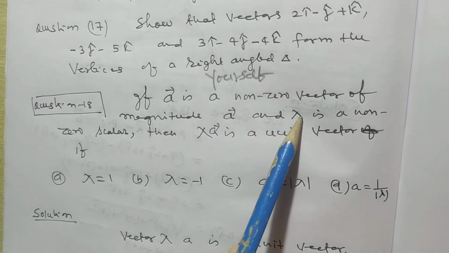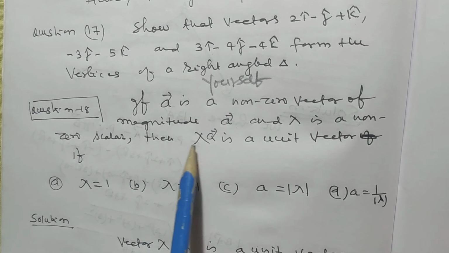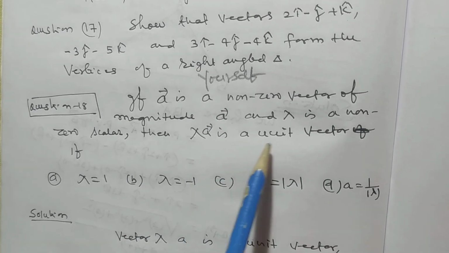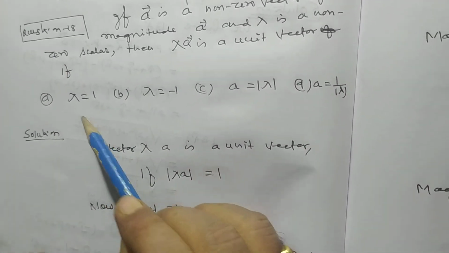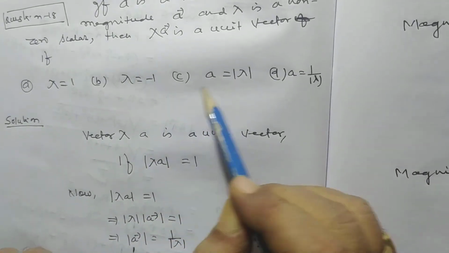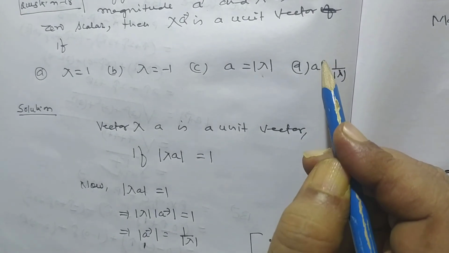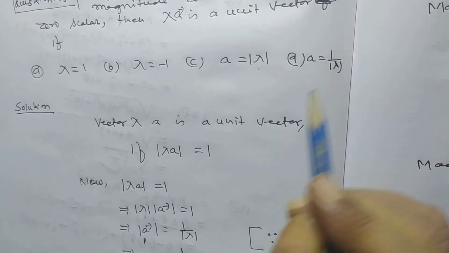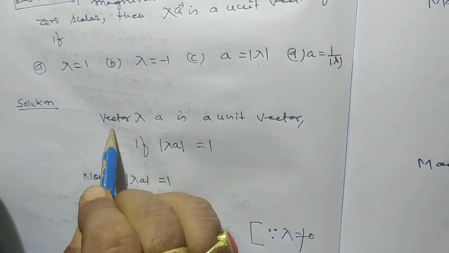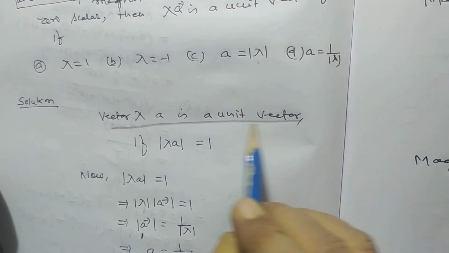Question number 18. If vector A is a non-zero vector of magnitude a and lambda is a non-zero scalar, then lambda times vector A is a unit vector if lambda is equal to 1, lambda is equal to minus 1, a is equal to magnitude of lambda, or a is equal to 1 by magnitude of lambda. Vector lambda A is a unit vector.